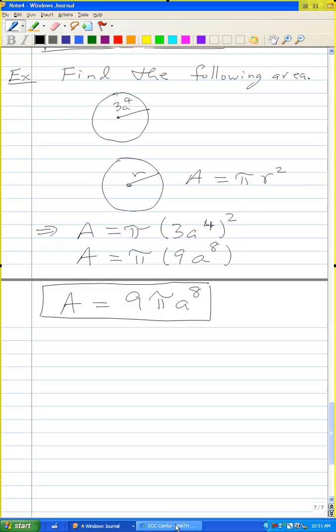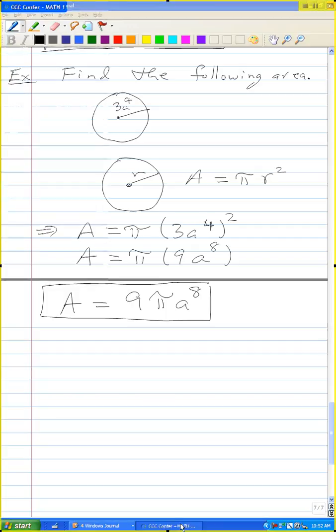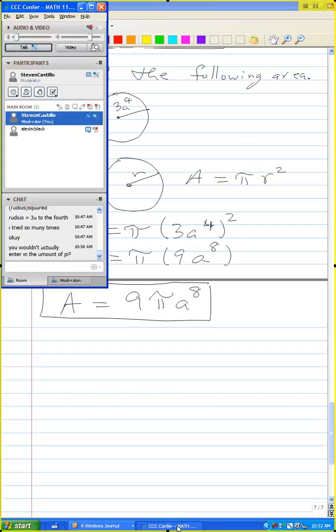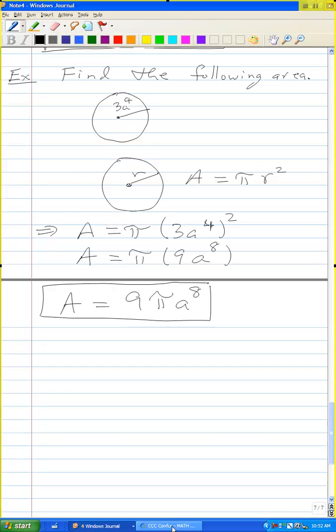No, you would not enter the value of pi, because pi is an irrational number, and that would take an infinite amount of time.